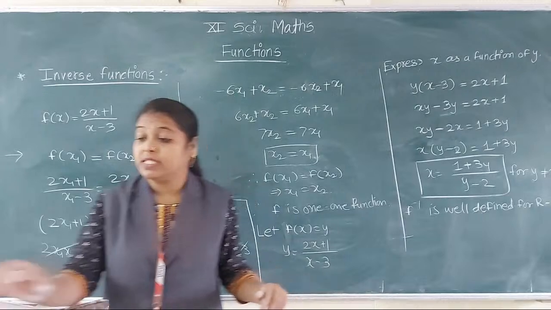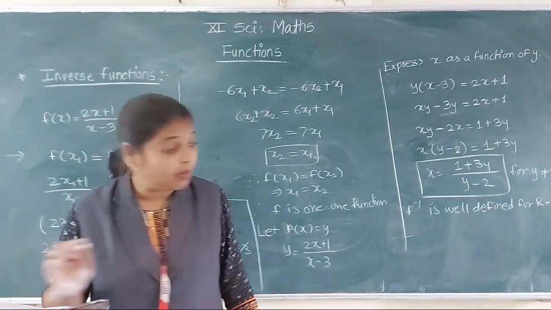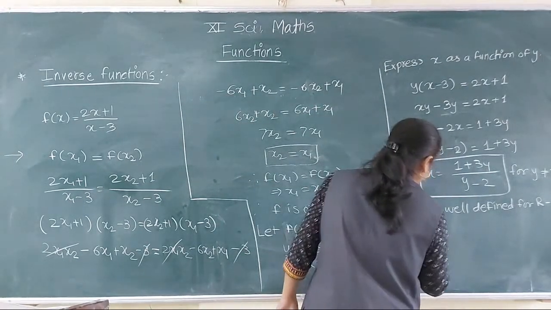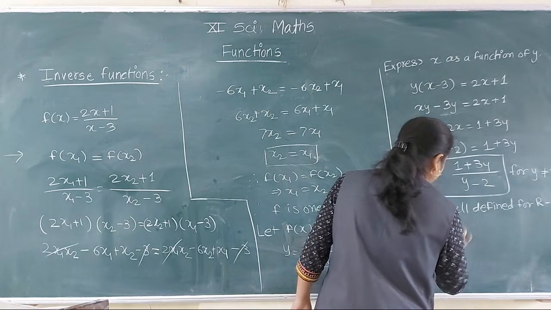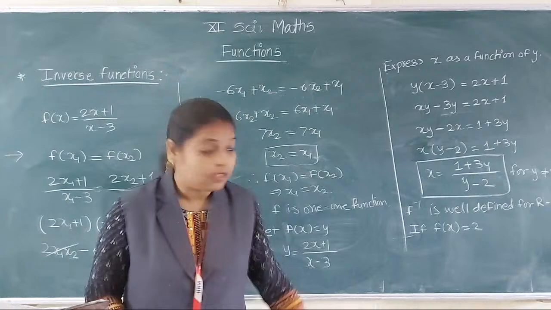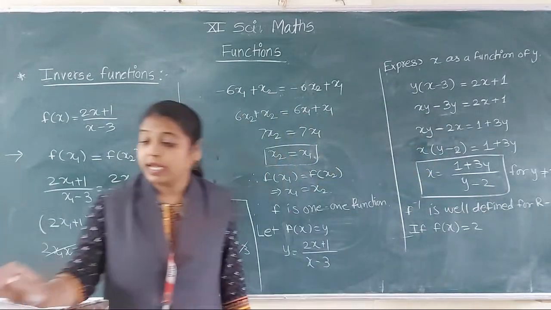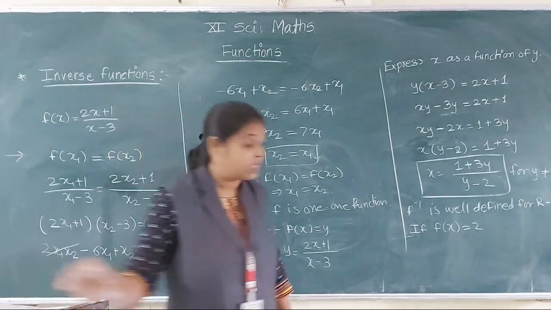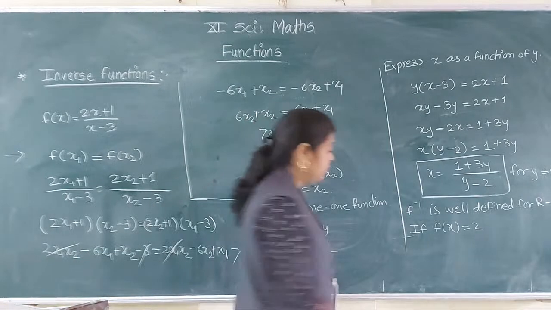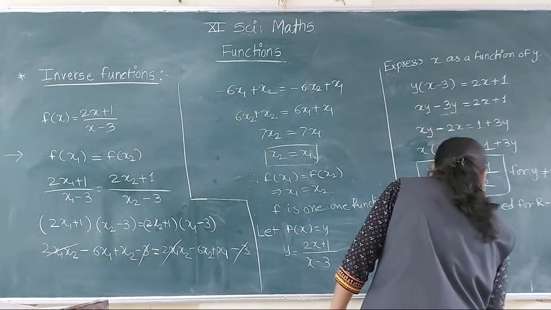So that means here, if we take f of x equal to 2, if we consider y is 2, then what happens? So f of x is equal to 2. Then 2x plus 1 upon x minus 3 is equal to 2.